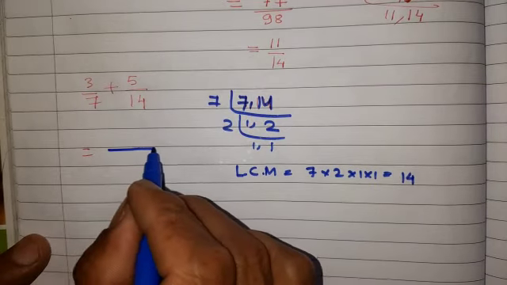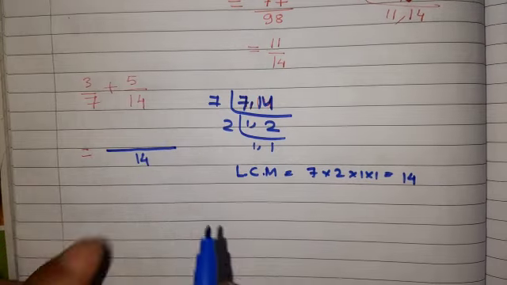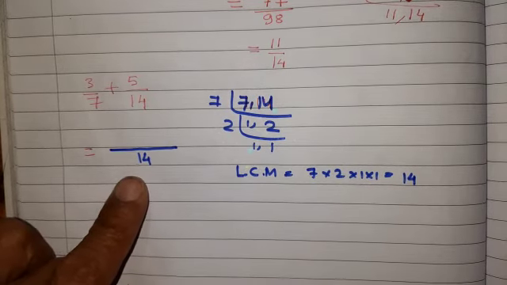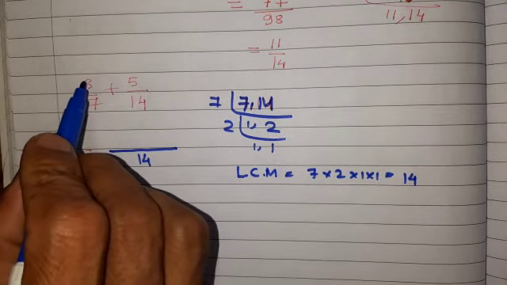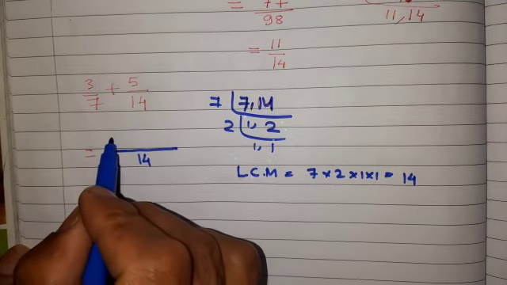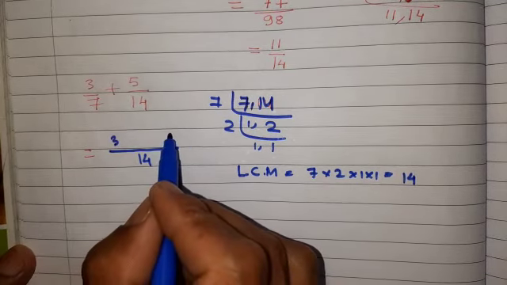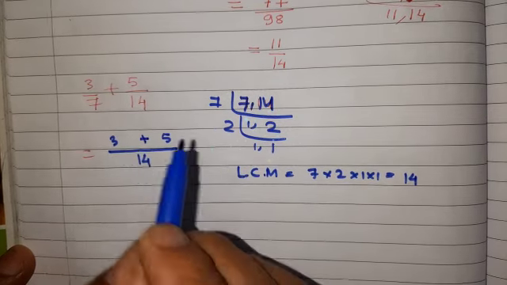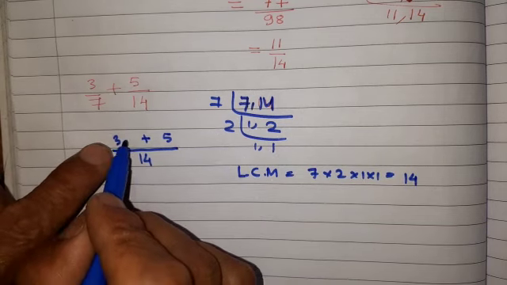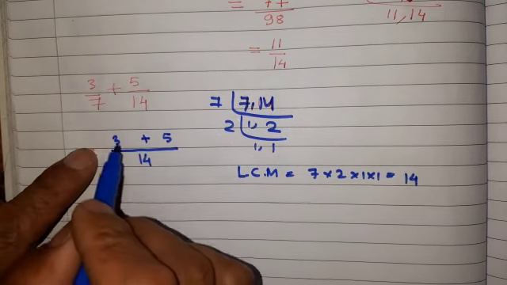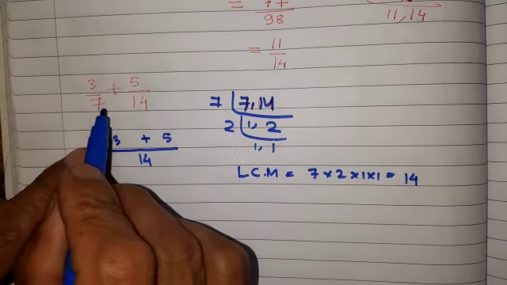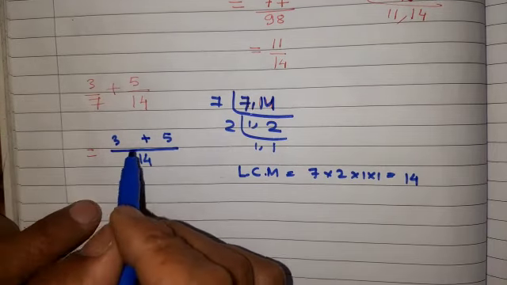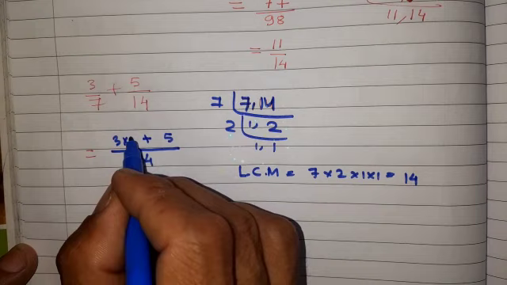Let us write 14 at the place of the LCM denominator. We are bringing this number 3 and another number is 5. What is between them is the plus. Here is the place of the sum. Let us consider the 7 and 14, denominator with denominator. 7 2s are 14.